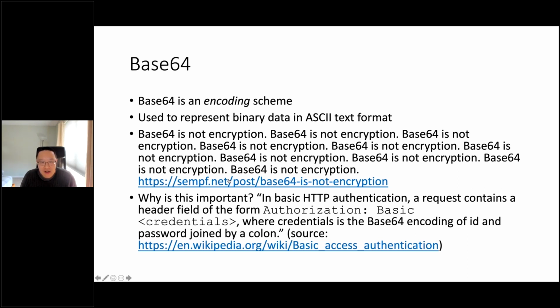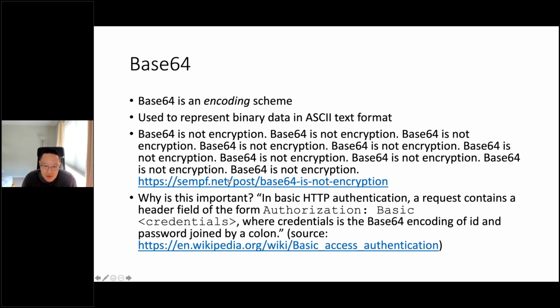A request contains a header field in the form Authorization: space Basic, and then some sort of credentials, where credentials is a base 64 encoding of ID and password joined by a colon. Okay. One thing I also need to make clear on the slide is base 64 is an encoding scheme. It also has a decoding scheme as well.